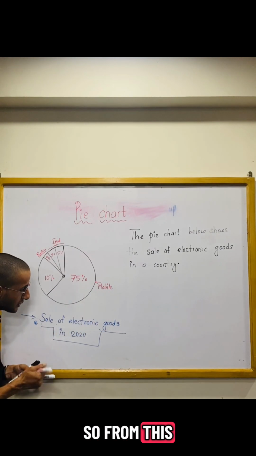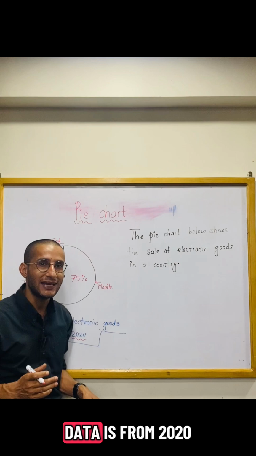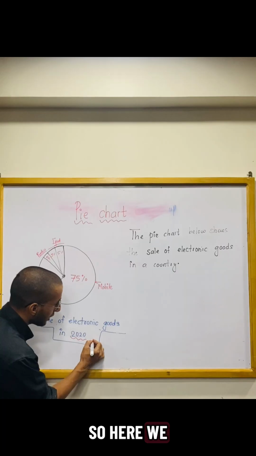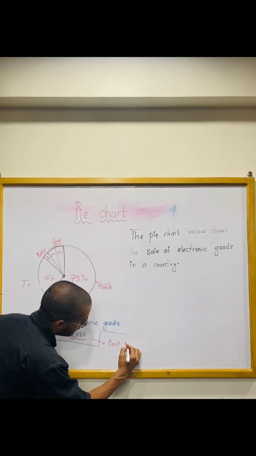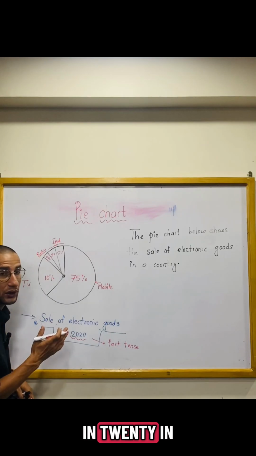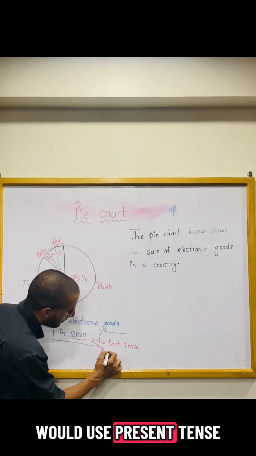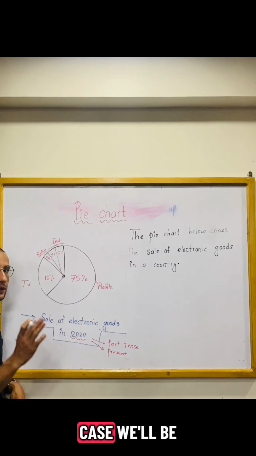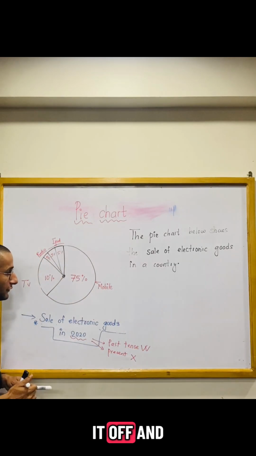So from this title, you understand that the sales data is from 2020. So here we understand we'll have to use past tense. If this was in 2025, then you would use present tense. But in this case, we'll be using past tense. So let's cut it off.